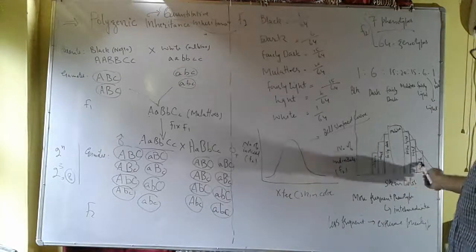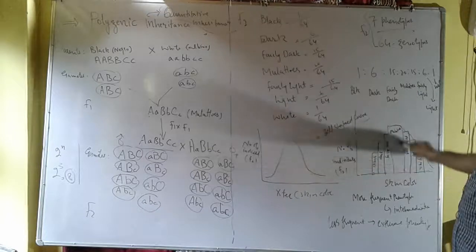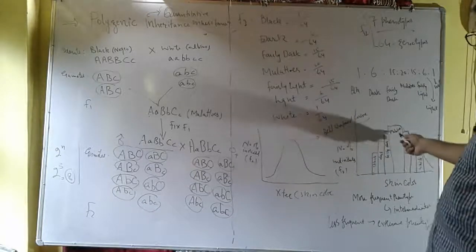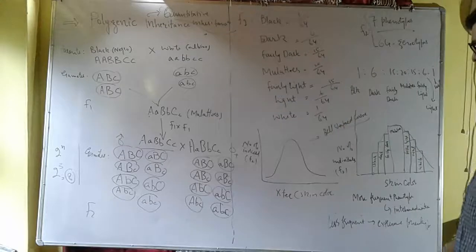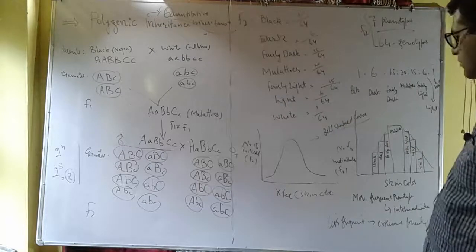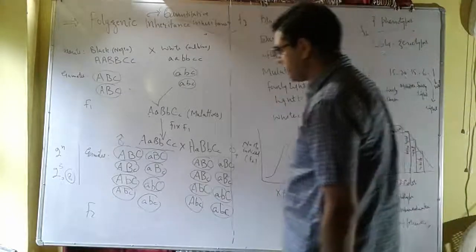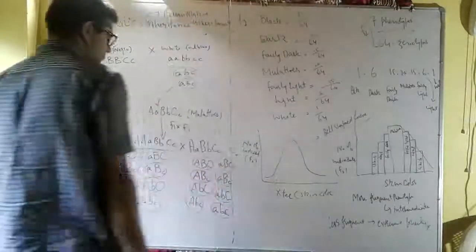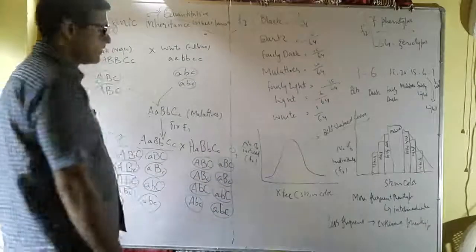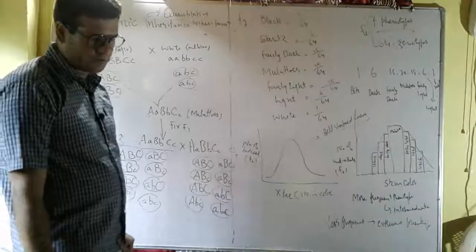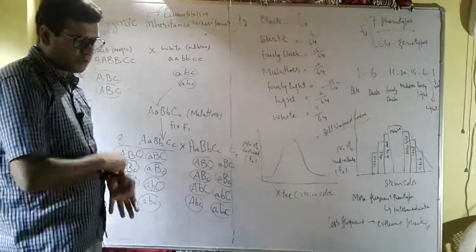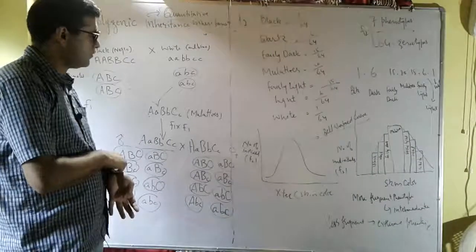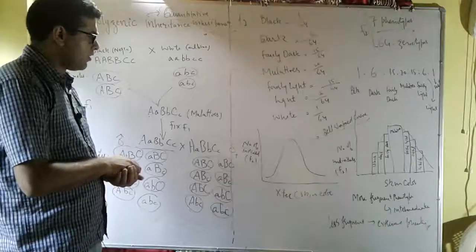Black and white are extreme phenotypes, and mulattoes, that is individuals of intermediate color, are more frequent. So this was the case of polygenic inheritance, which is also called quantitative inheritance.